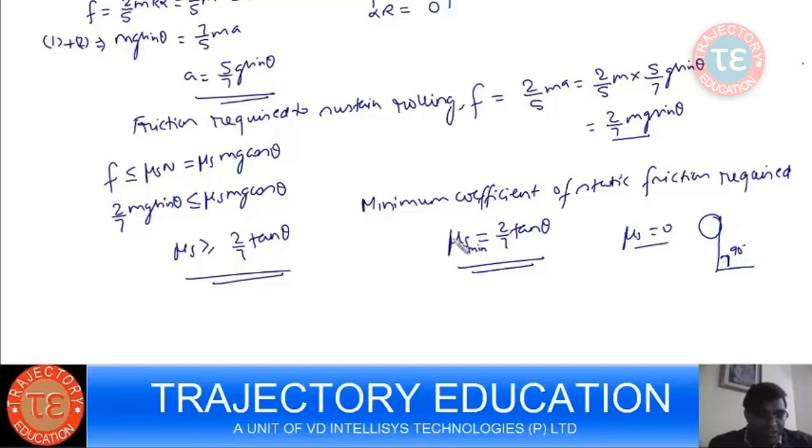It is equal to infinity, which is not possible. So it is not possible to sustain rolling on a vertical wall, right? This is how we can understand this. Okay, so let's move to next question.